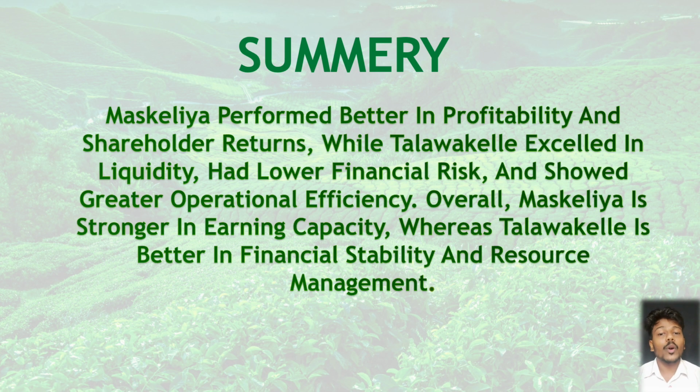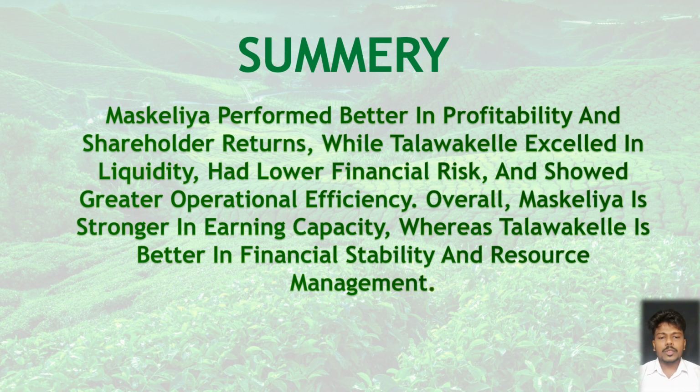This is the summary of the overall presentation. We analyzed the financial performance of Muscalia Plantation and Thalakale Tea Estate using the interim statements for the 6 months ending 30th of September 2024. The analysis covered profitability, liquidity, gearing, efficiency, and investing ratios.